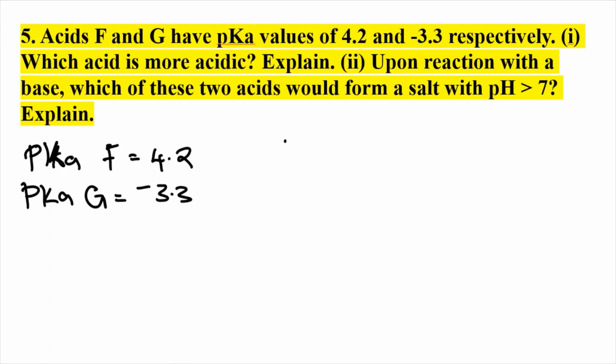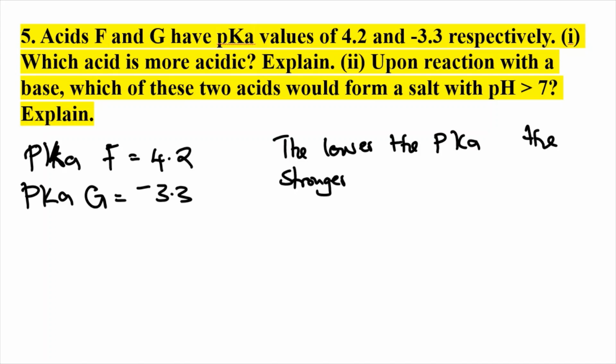So we know that the lower the pKa, the stronger the acid. What this simply means is that G will be a stronger acid. So here G is the stronger acid.